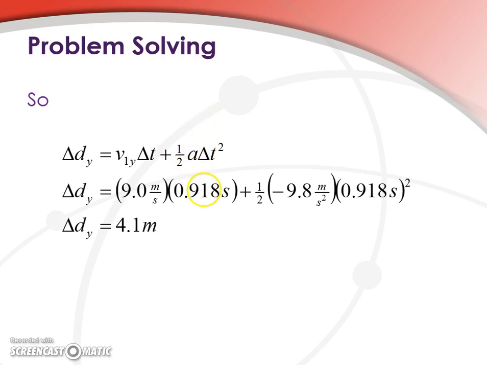So we can substitute in for our case for displacement, substitute in v1y, our time of the experiment, and 1/2 negative 9.8 meters per second squared, again times the time of the experiment squared. And we find that the projectile goes up 4.1 meters before it stops rising.